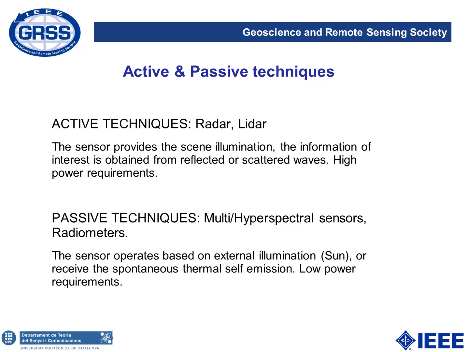This confers some advantages of independence from external illumination by the sun, for example, but on the other hand requires high power. In the case of passive techniques, examples of which are multispectral and hyperspectral sensors or microwave radiometers, the sensor operates based on either external illumination like the sun, or receiving the spontaneous thermal self-emission of materials, and for this reason the power consumption is rather low.